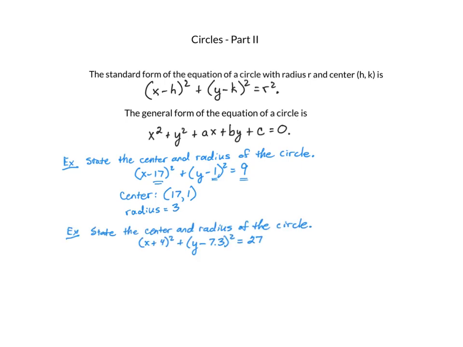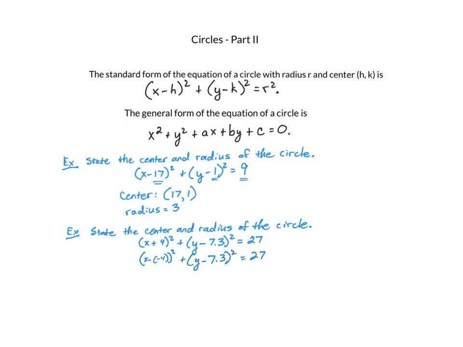Again, our equation is presented in standard form, so we can, by observation, see what the center is. Notice right here that we have a plus instead of a minus, but we know that that's really equivalent to (x minus negative 4) squared plus (y minus 7.3) squared equals 27.